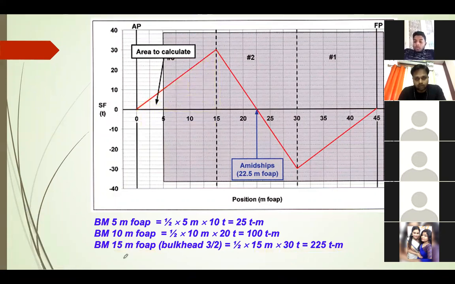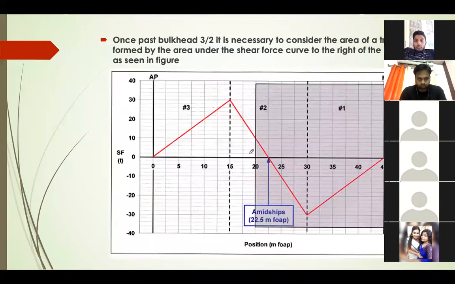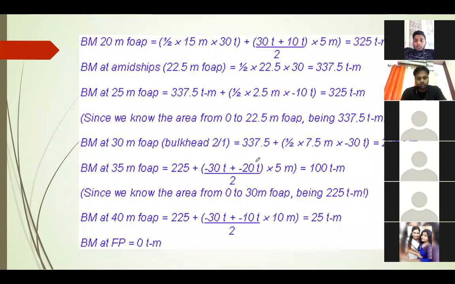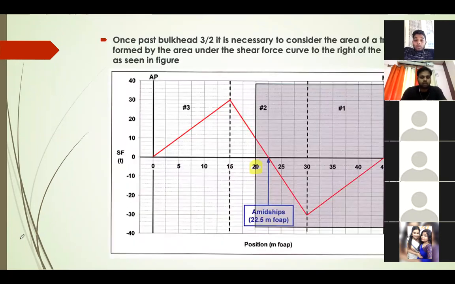Now next is 20 meters. At this 20 meters, we need to calculate. What happens when you want to calculate at 20 meters is that we need the entire area left of 20 meters, from here to here. If you see here, there will be two areas. You can't get one triangle. You have to calculate from 0 to 15.